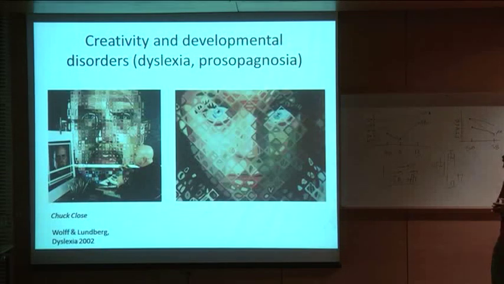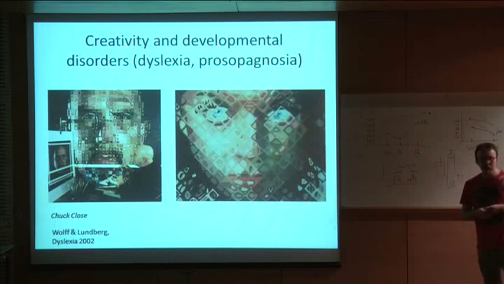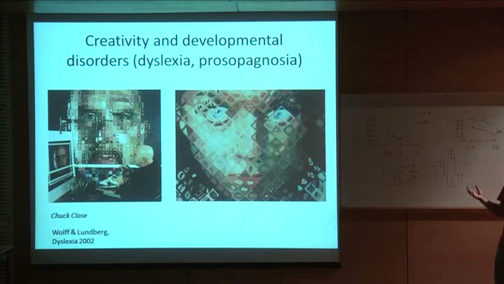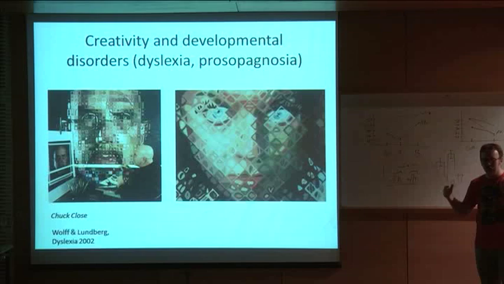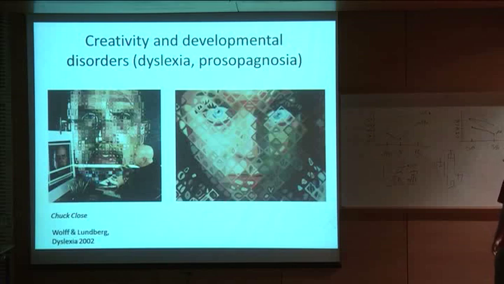Another thing is dyslexia, and one of the interesting examples is the artist Chuck Close. He was dyslexic, and I guess he still is. As a kid, he had trouble reading, but he liked to draw. On top of that, he was prosopagnosic, so he couldn't recognize faces well, a condition that Alon was describing before.